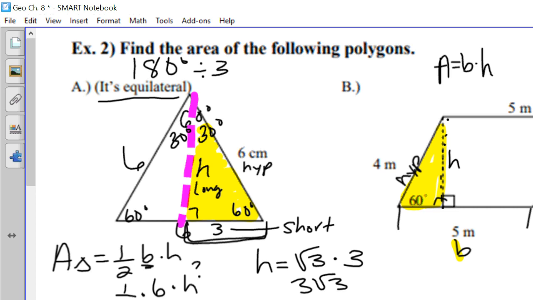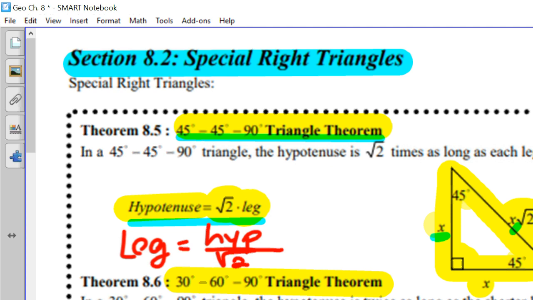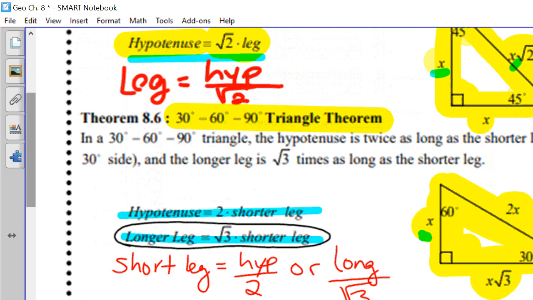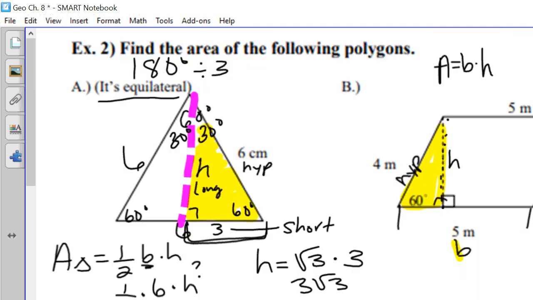We can calculate the short side because the hypotenuse is 2 times the short side.